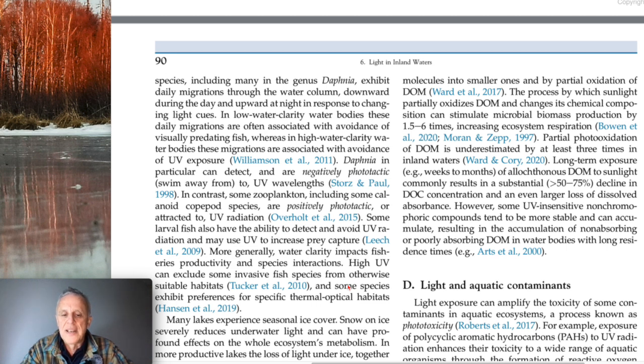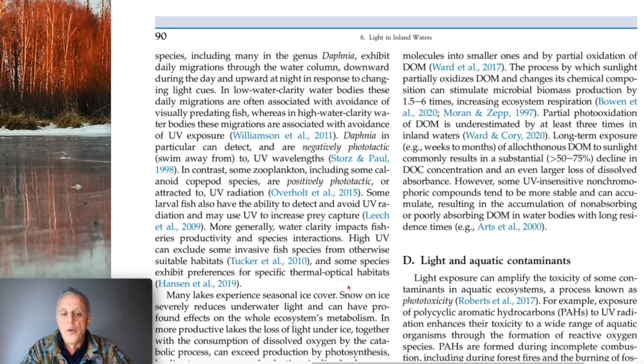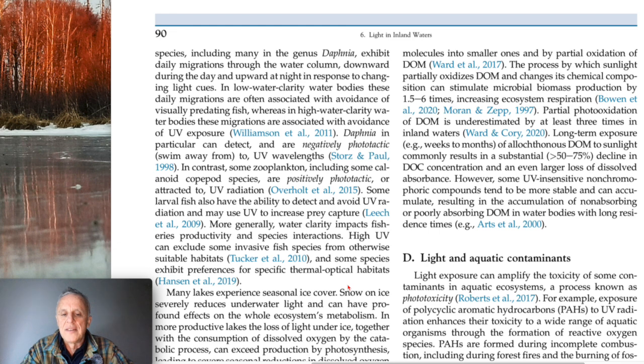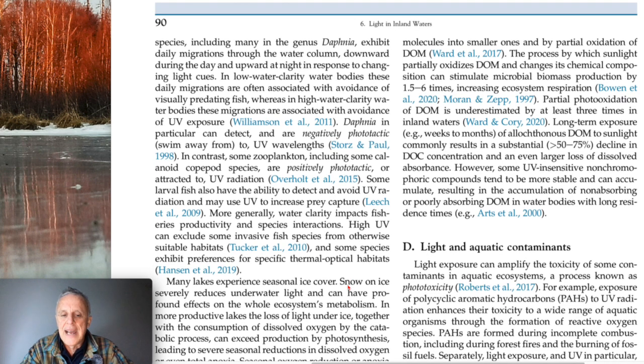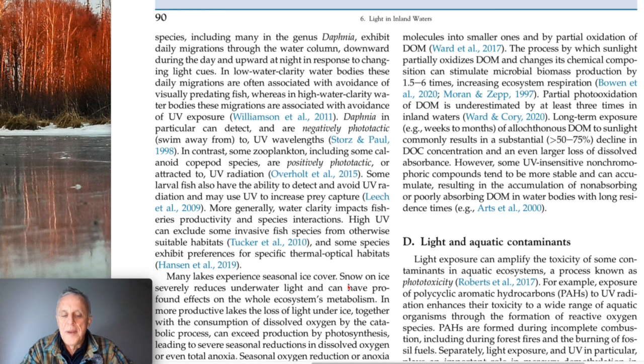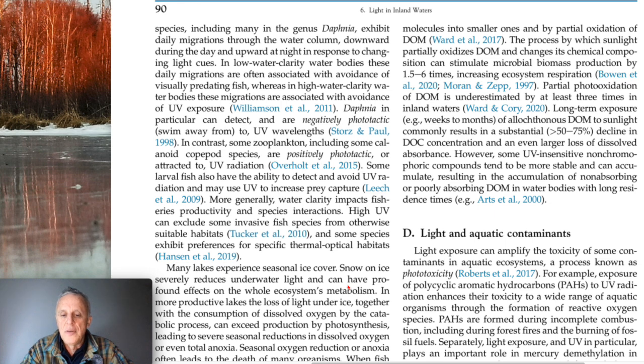Daphnia in particular can detect and are negatively phototactic, swimming away, from UV wavelengths. In contrast, some zooplankton, including some calanoid copepod species, are positively phototactic, or attracted to UV radiation.